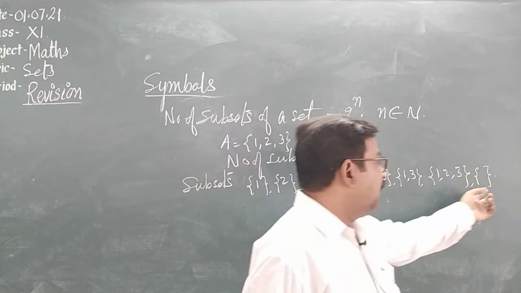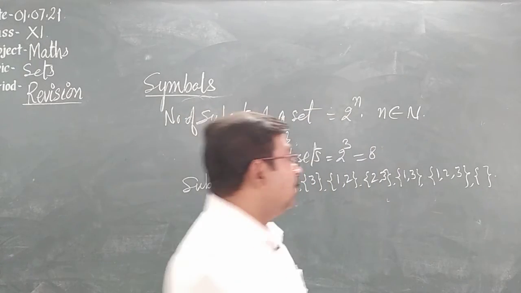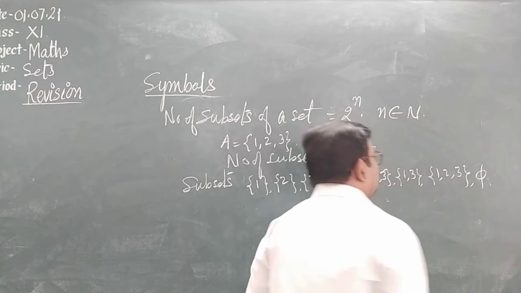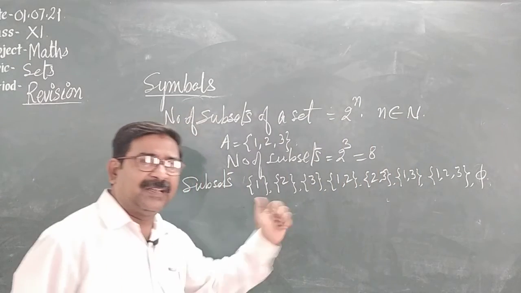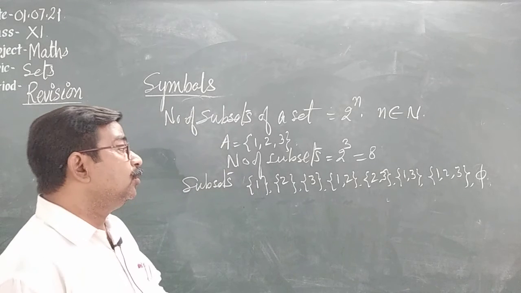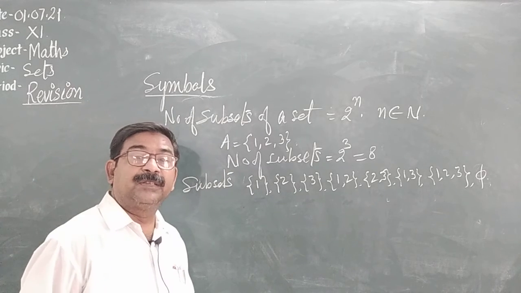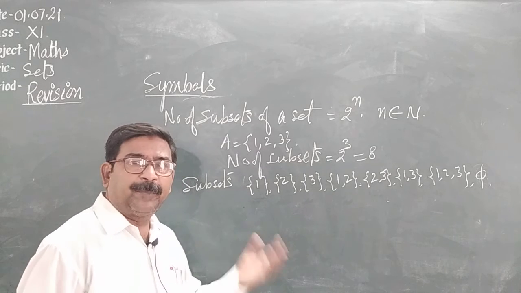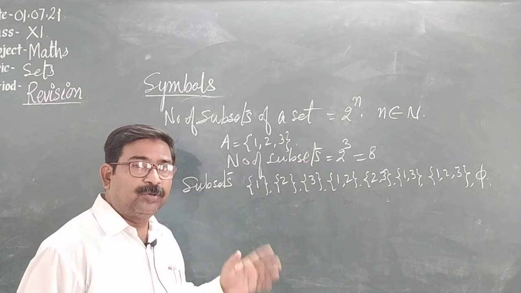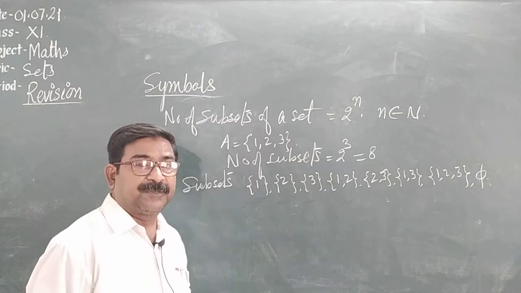Finally, we have an empty set. You can write it first or last, anywhere, the order does not matter. So, this is how we write the subsets. You can practice writing the subsets.